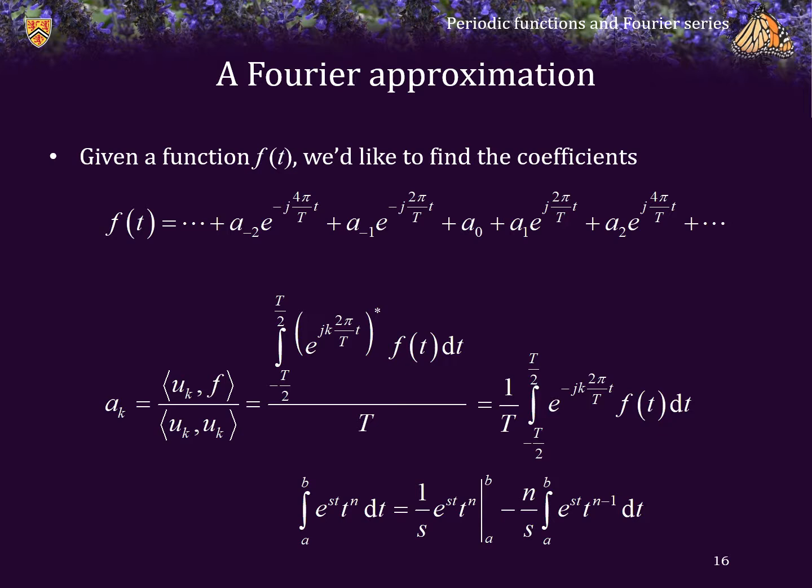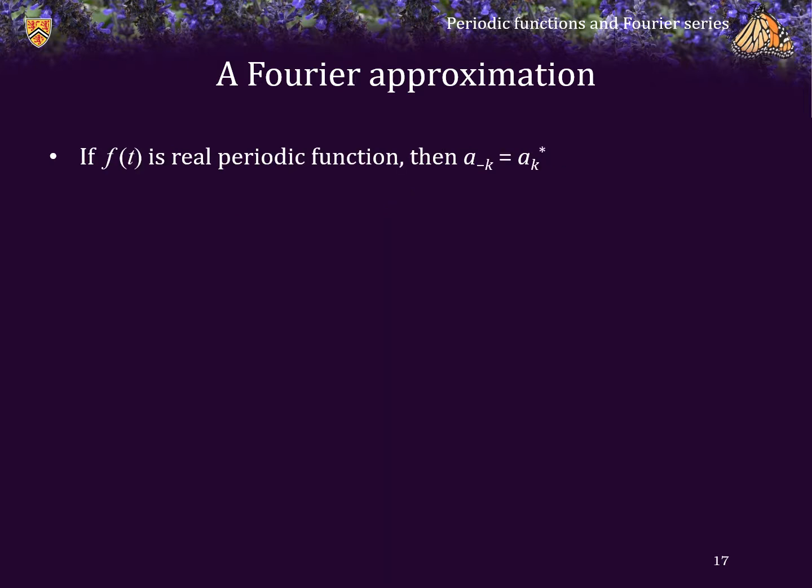And for small polynomials, this can be calculated quite quickly. Also, if f of t is a real periodic function with period T, then it happens that a sub negative k is equal to the conjugate of a sub k. What that means is we only actually have to calculate a sub k for k going from 0 to however large we wish.